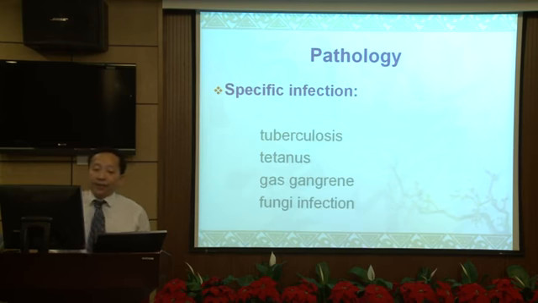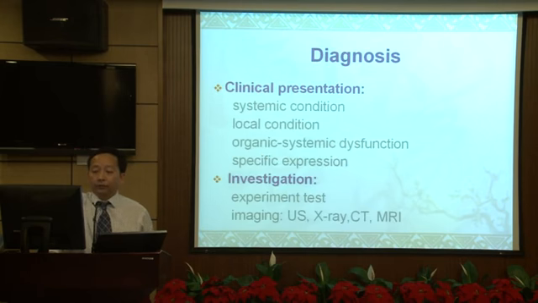For the specific infection, the pathology may depend on the different pathogens. It will cause tuberculosis, or tetanus, or gas gangrene, and also fungal infection. And the diagnosis of the surgical infection depends on the clinical presentation and the investigations.